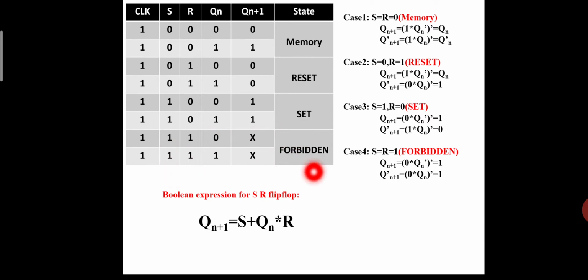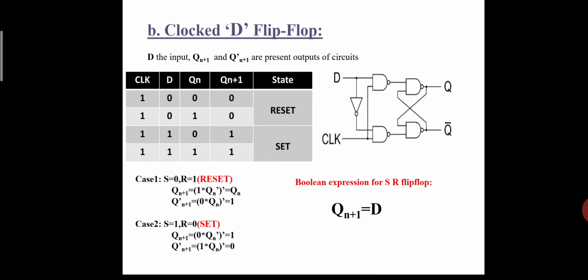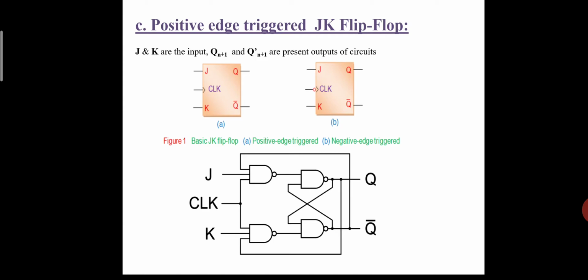In order to avoid this, Jack Kilby implemented one more improvement in the SR flip flop with the application of a clock pulse. So here are the positive edge triggered JK flip flop and the negative edge JK flip flop block diagrams. The only small difference is that the clock pulse is negative for this JK, and here the clock pulse is positive for the positive edge triggered JK flip flop.